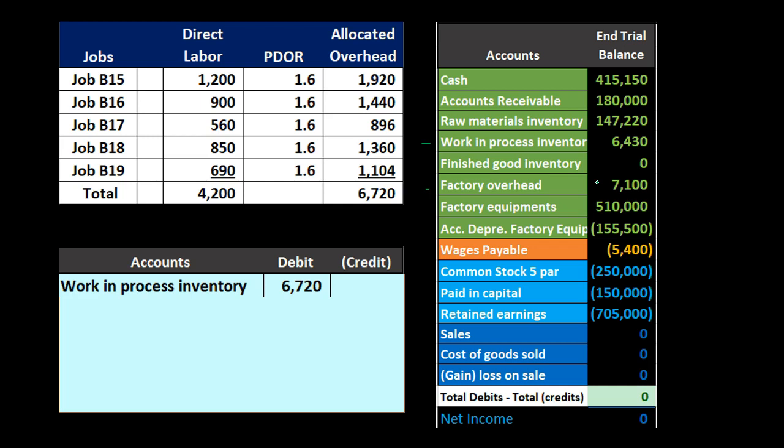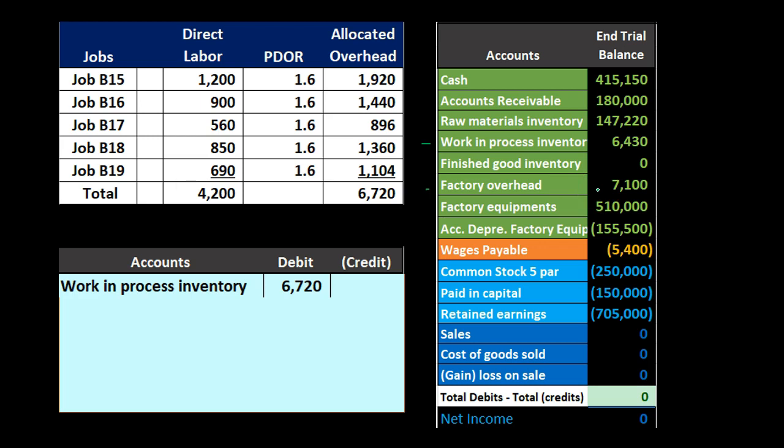And the reason for that is, one, we wouldn't know this number again until the end of the month. And so as we do this allocation, we may do this allocation multiple times for each job. And so we wouldn't know exactly what's in factory overhead. Therefore, we had to make an estimate. The estimate is never going to match what actual factory overhead is.